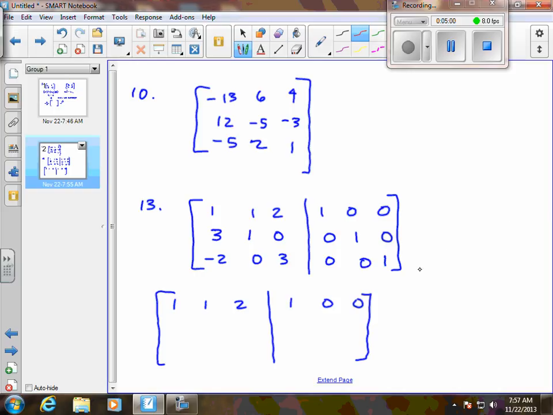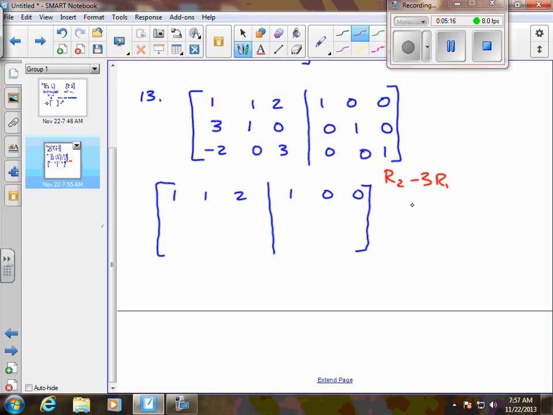So I'm going to take row 2 and subtract 3 times row 1. So my row 2 is 3, 1, 0, 0, 1, 0. Multiplying row 1 by negative 3, my new row 1 here, negative 3, negative 3, negative 6, negative 3, 0, 0. So that will give me my new row 2.